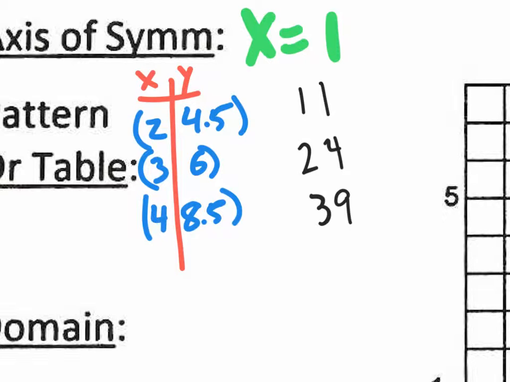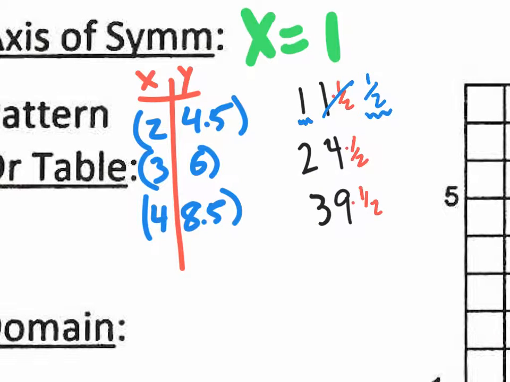Which means that A value is going to change the output values of this pattern. So I need to change this 1 by half, which means I want to multiply it by half because that's our A value. Multiply the 4 by half, multiply the 9 by half, and we're going to get our new outputs of the pattern. So instead of 1, 1, it's going to be 1, 1/2.